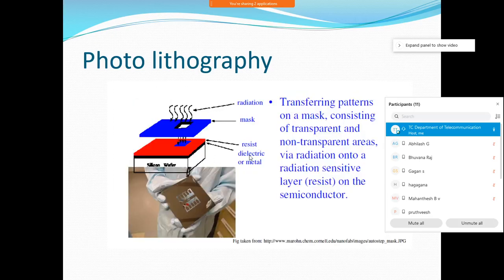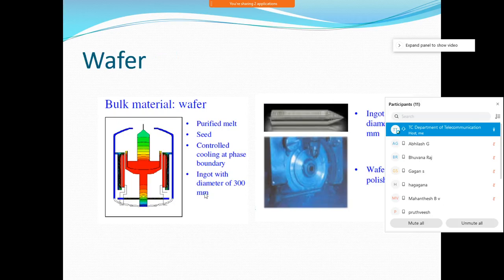You can see there is a photoresist, there is a wafer, and the pattern has been followed. If you understand all these things, then you can comfortably place yourself in a better position when answering interview questions.